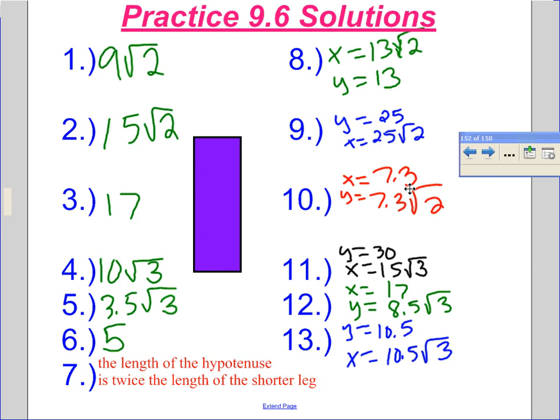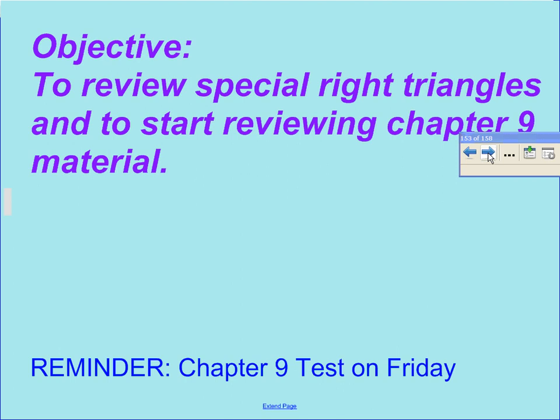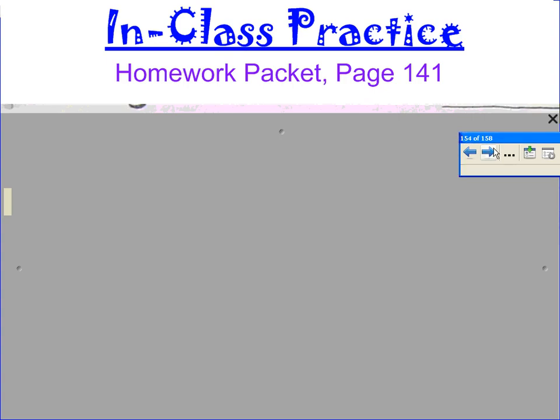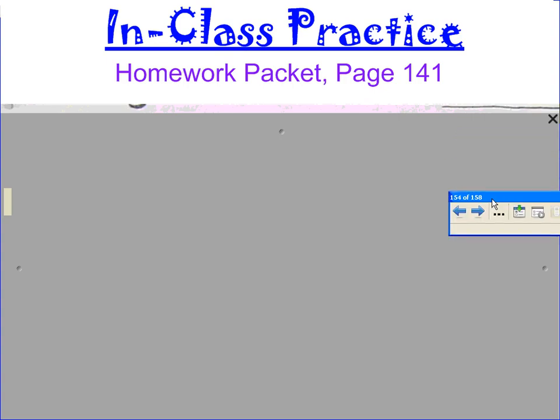Positive? Okay, I want you to flip your homework packet to page 141. Okay, and here's what I want you to do. We're going to spend about 10 minutes or so doing a little bit more practice with special right triangles.